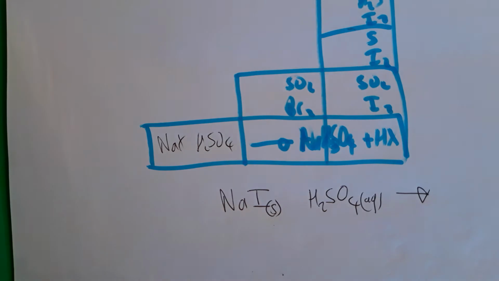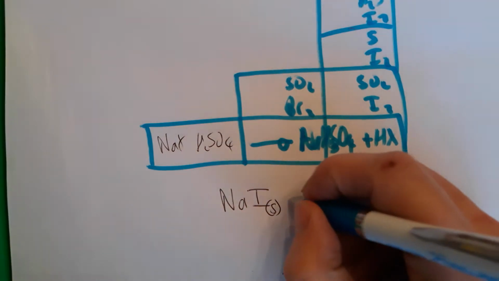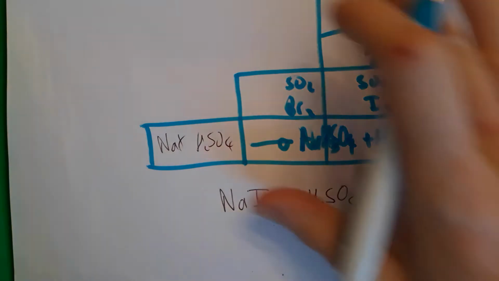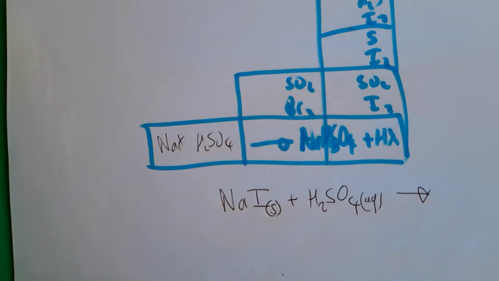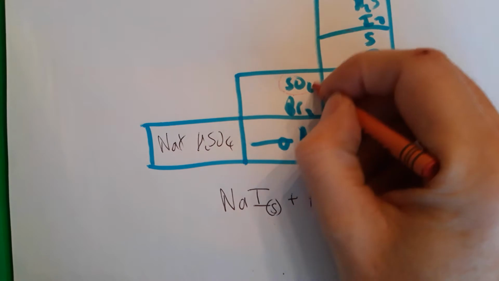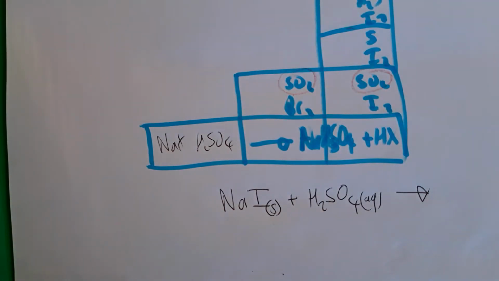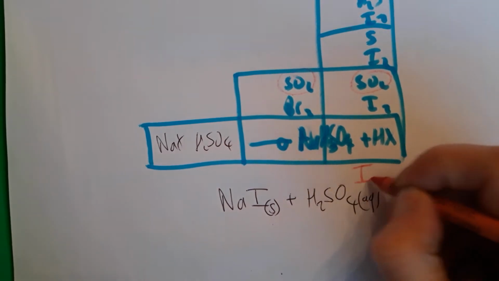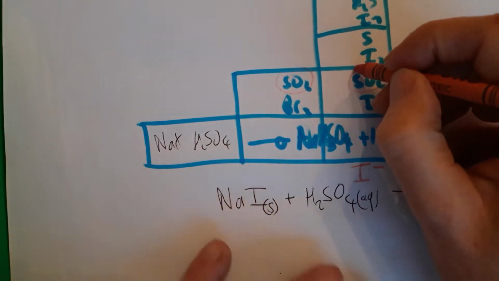Write an equation for this. So you would go, right, okay, this is a conc H2SO4 halide question. So you'd think of this and go, right, what's the choking gas? And hopefully you realise that SO2 is the choking gas. Sodium iodide is referring to this column.